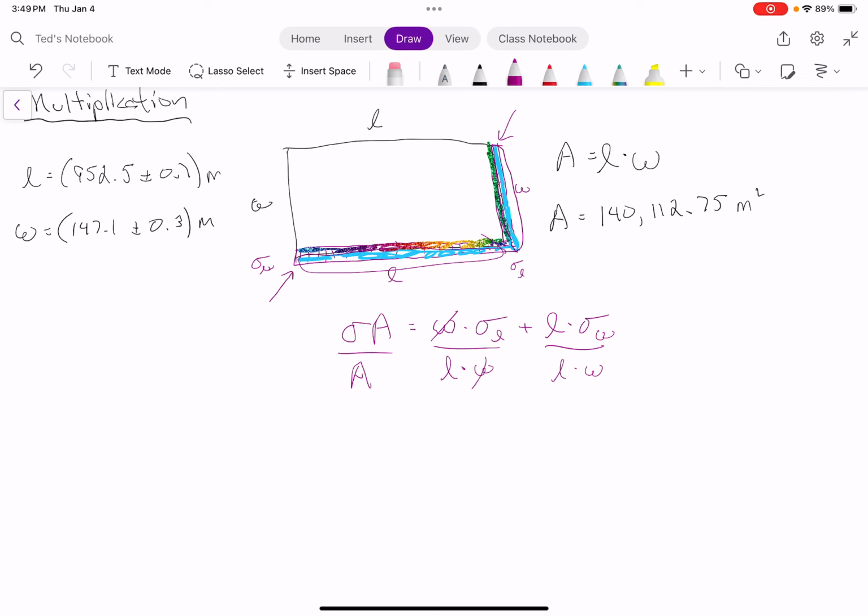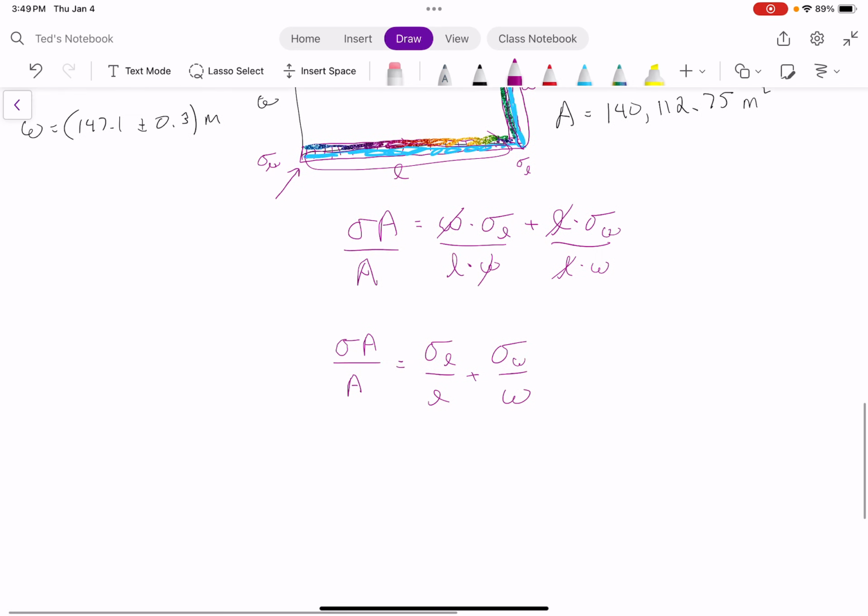Here the W's cancel, here the L's cancel, and I'm left with an equation that's maybe a little bit easier to remember. The uncertainty in the area divided by the area is equal to the uncertainty in the length divided by the length plus the uncertainty in the width divided by the width.